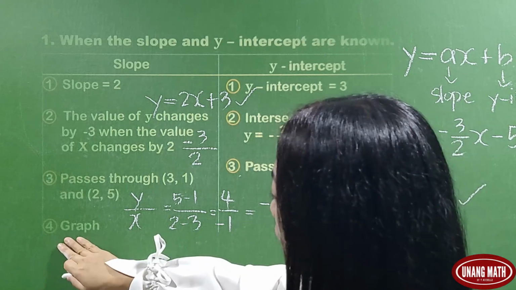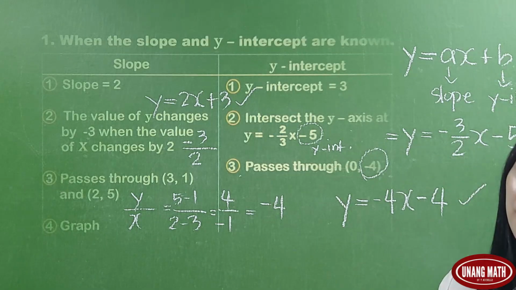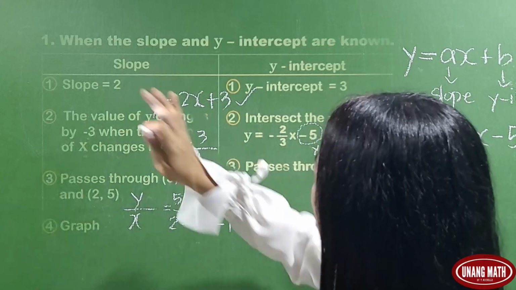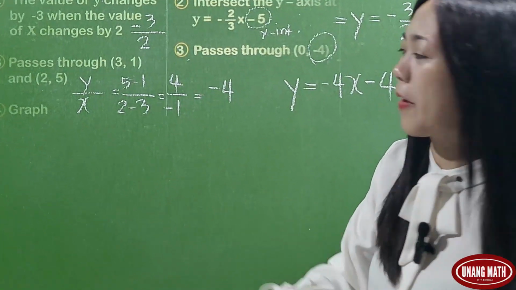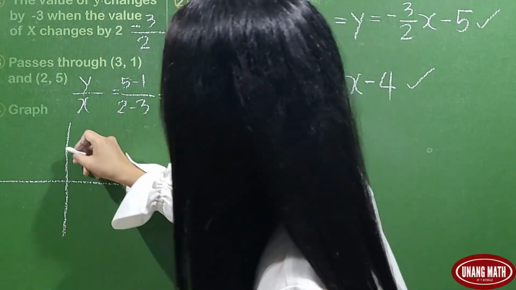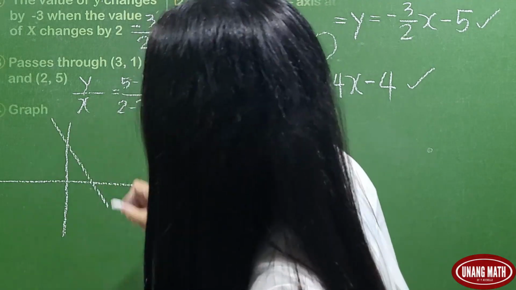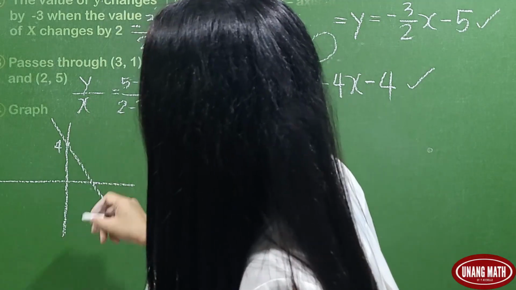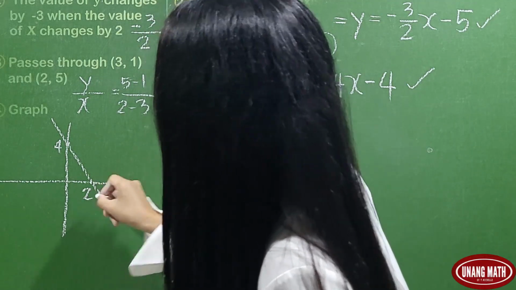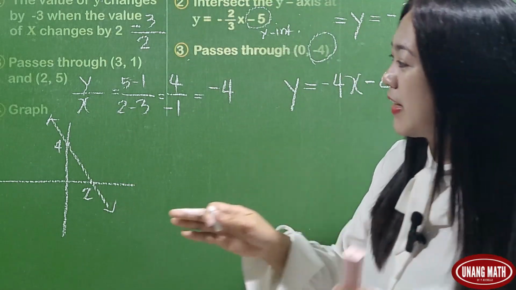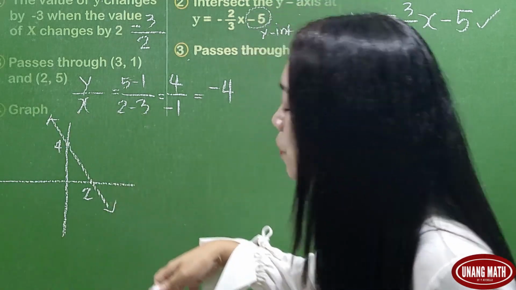Okay, for number 4, what if the given is a graph? How are we going to find the slope and then the y-intercept? Let's say the graph is this one. Okay, this is our graph, and this point is 4, this is 2. As you can see, you already have an idea because this graph slopes downwards.